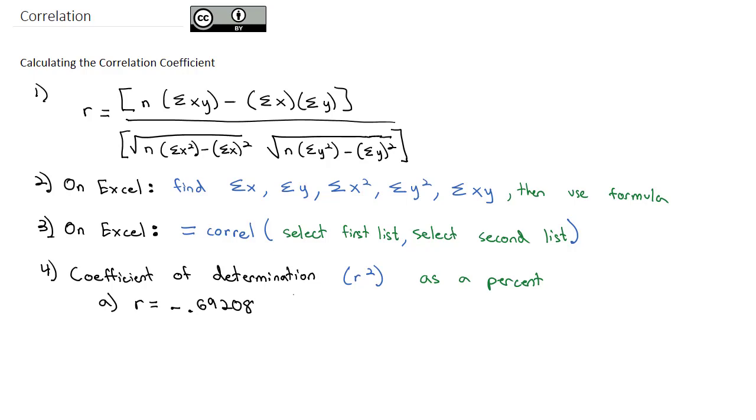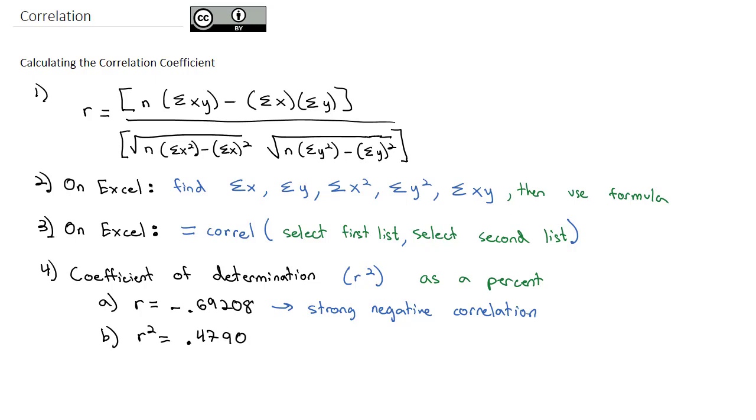And we interpreted that to mean we had a strong negative correlation or relationship between the x values and the y values. We could then say, OK, I'm going to square that answer. If I do negative 0.69208 squared, we'll end up with 0.47897, which is going to round to 0.479.